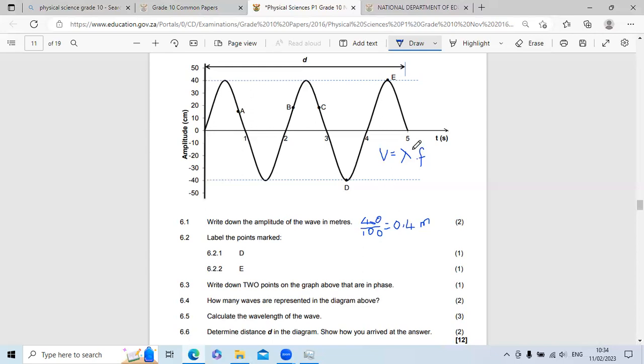Yes. Okay, so this is the equation we're gonna use, but this time we have our speed and our frequency. We're supposed to find our wavelength. So we're gonna divide both sides by frequency, and we end up with wavelength equals speed divided by frequency.